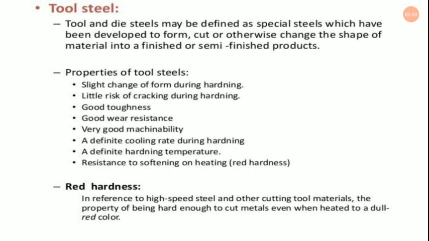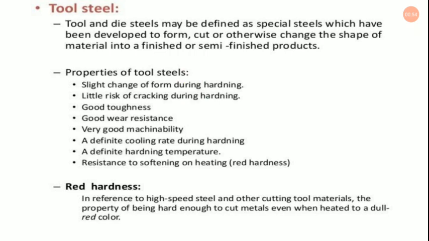Now coming to the tool steels, these tool and die steels may be defined as special steels which have been developed to form, cut or otherwise change the shape of material into finished or semi-finished products.